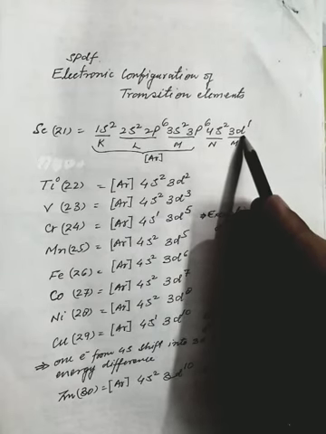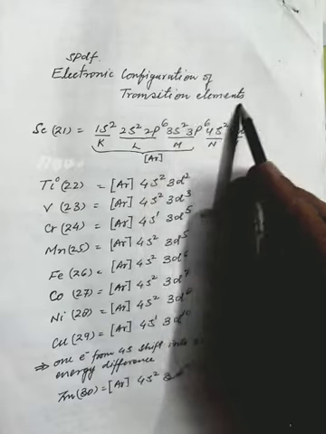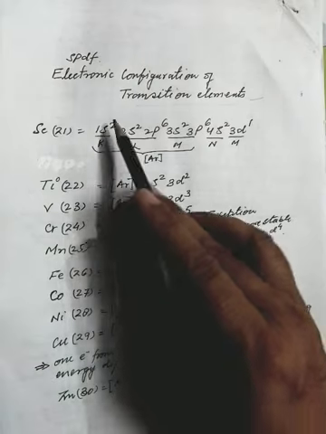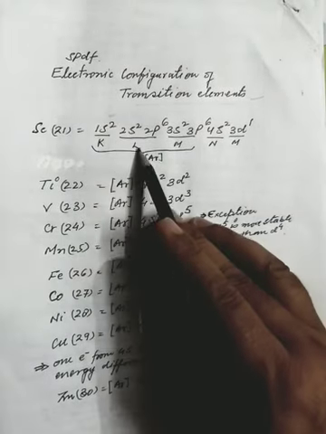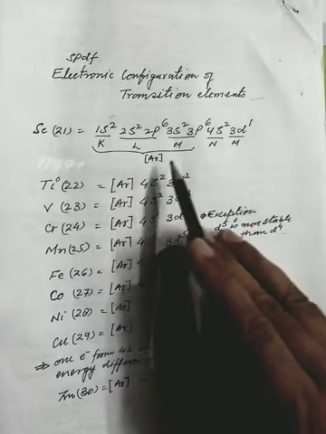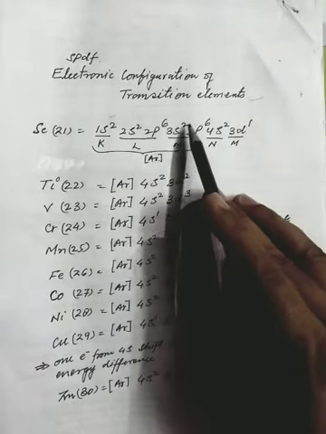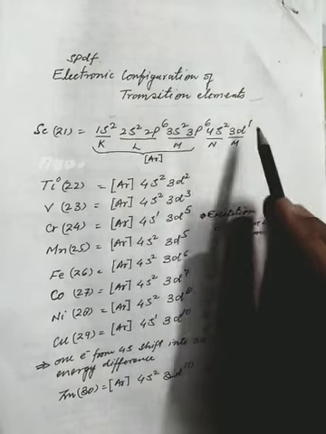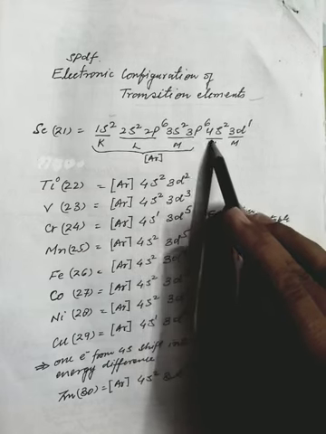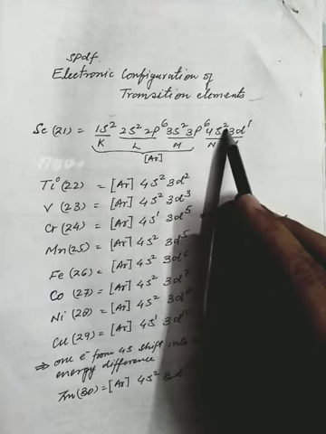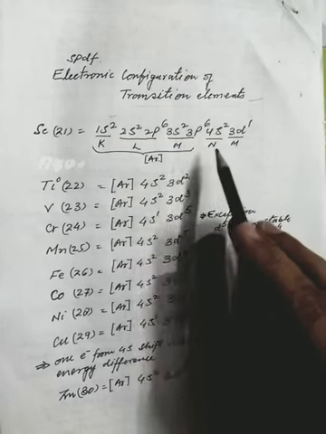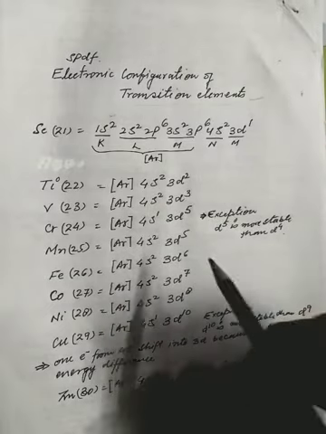The last electron is in the d subshell, which is the definition of a transition element. Now the second definition: the K shell has 2 electrons, its maximum capacity. The L shell has 2 plus 6, 8 electrons, its maximum capacity. The M shell has 2 plus 6 plus 1, that is 9 electrons. So the third shell contains 9 electrons and the fourth shell, the N shell, carries only 2 electrons. So the third shell is incomplete and the fourth shell is also incomplete. The last two shells being incomplete fits the definition of a transition element.